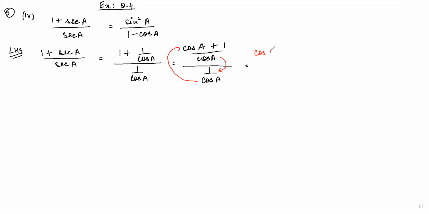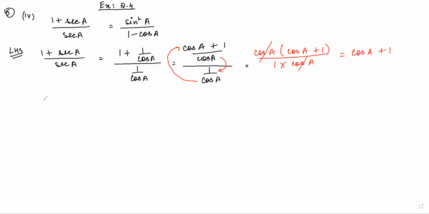So it will be cos A into cos A plus 1, divided by 1 into cos A. Now this cos A will get cancelled out, so you are getting cos A plus 1. I think it's quite simple.